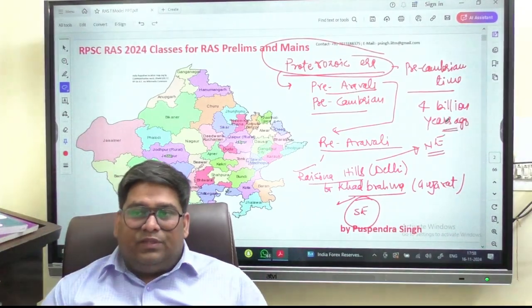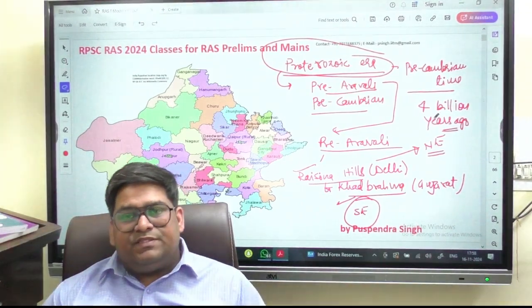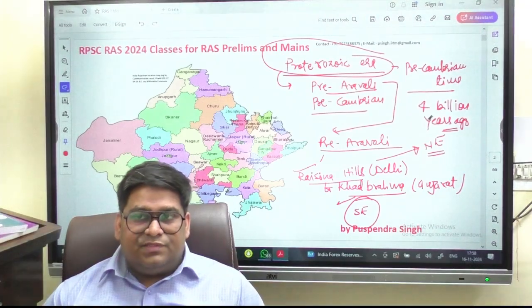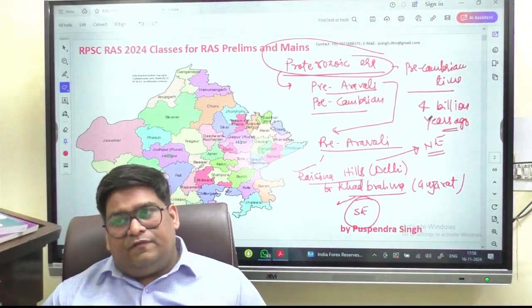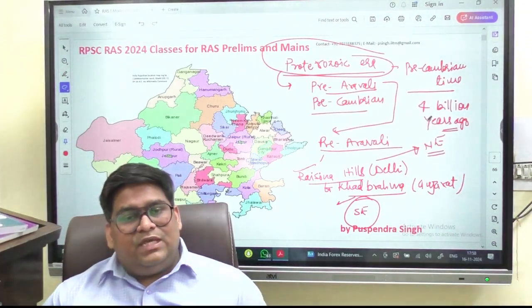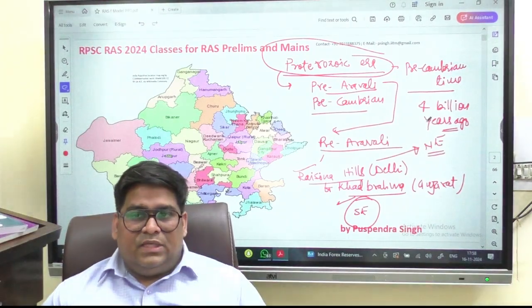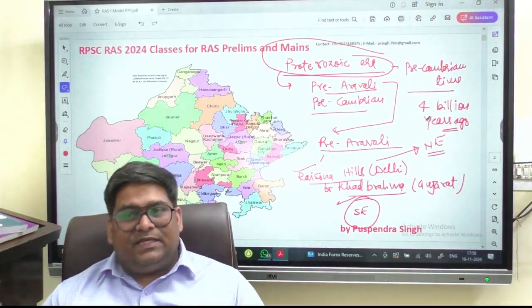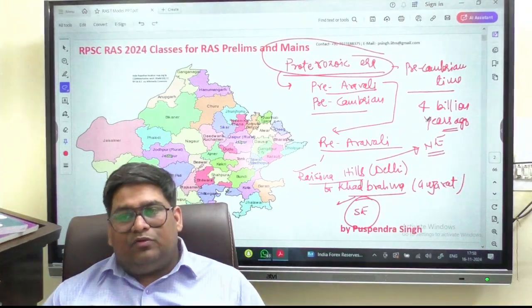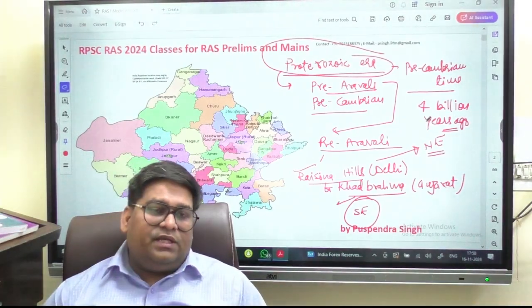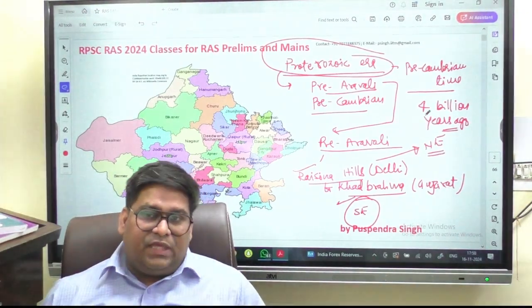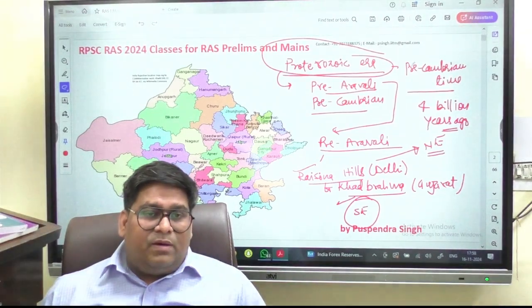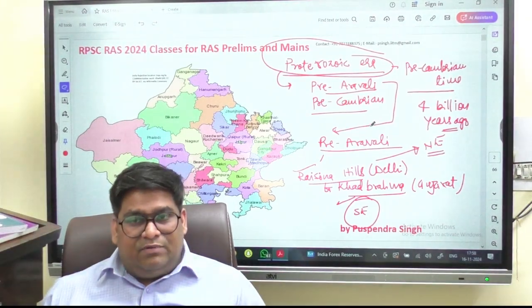Now there is a huge convergence in the middle of the Aravalli ranges. The rocks of Delhi and Aravalli groups are found in this association. This symmetry extends parallel to the boundary fault that is located in the east. So that is all, briefly, about Aravalli.